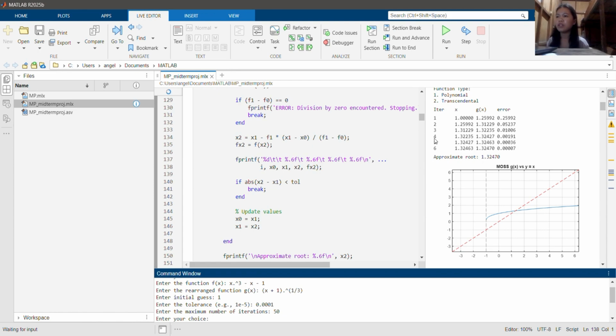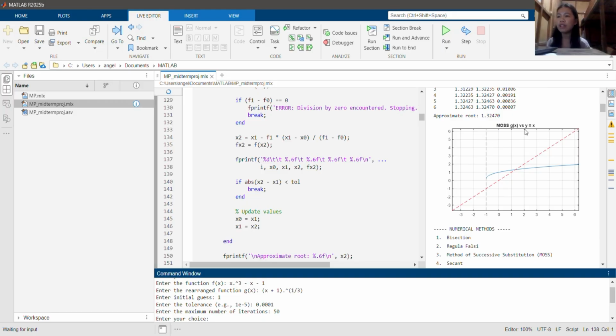So here is our iteration table. As you can see, the iterations stop at number 6 and the approximate root is 1.32470, and below it is our graph for this method.